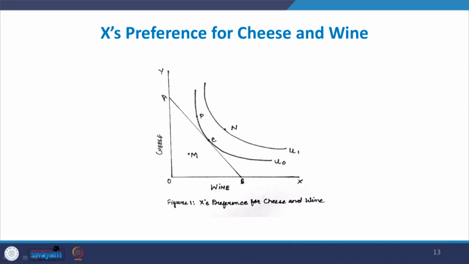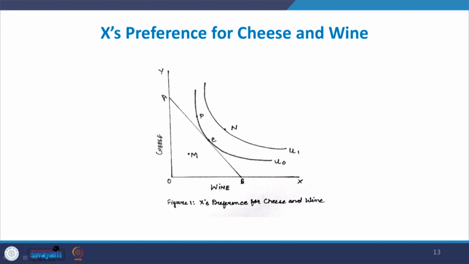between the two individuals. But before discussing the Edgeworth box, let me first take X's preference for the two products, cheese and wine, and here we take indifference curves U0 and U1 for person X. Similarly, you can also draw U0, U1 for person Y. The utility or satisfaction is maximized for person X at the point where the slope of the indifference curve is tangent to the price ratio of the two products, cheese and wine.